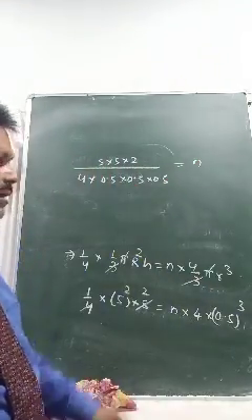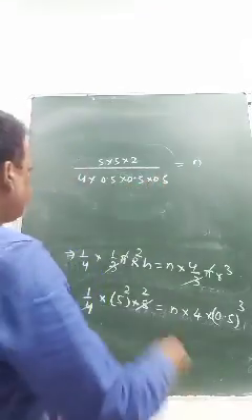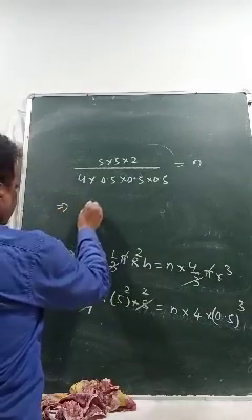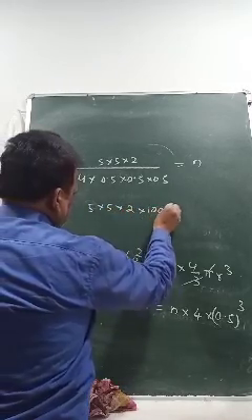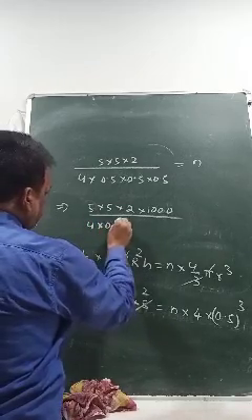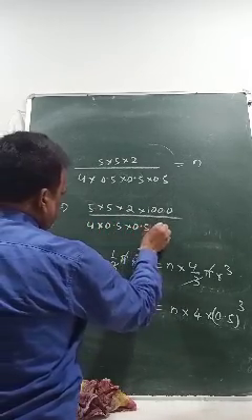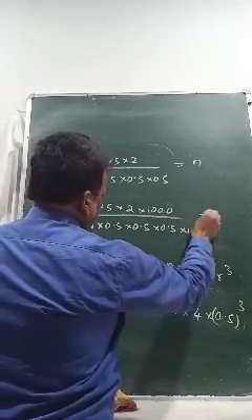Now look at here, after decimal 3 digits, 1, 2, 3, you need 1000. So 5 into 5 into 2 into 1000 by 4 into 0.5, 0.5, 0.5 into 1000 equals 8.